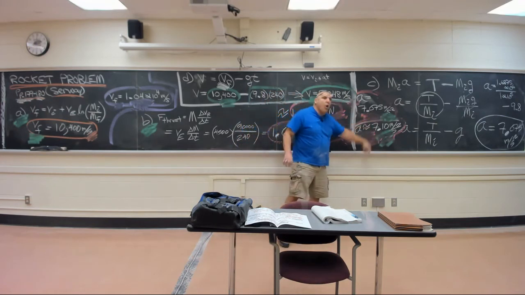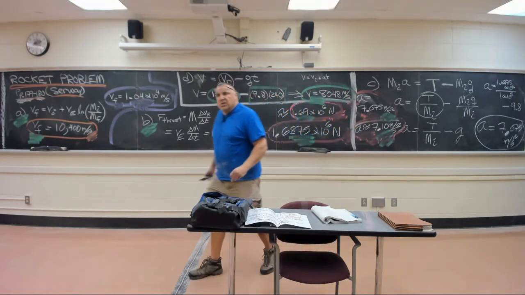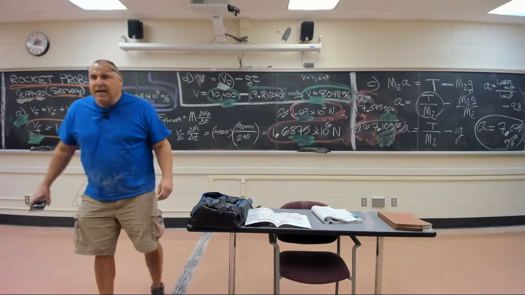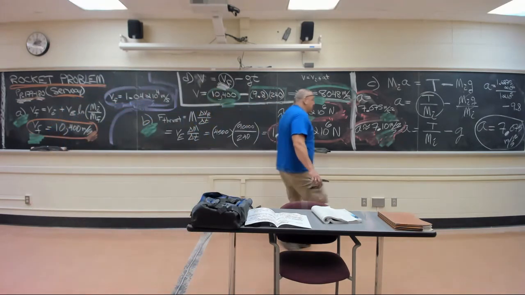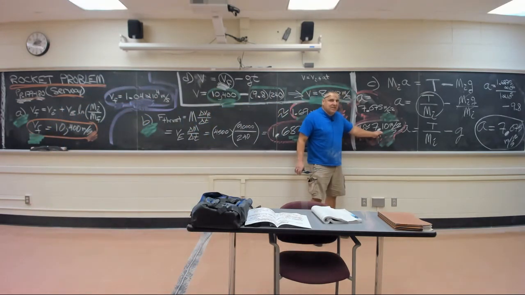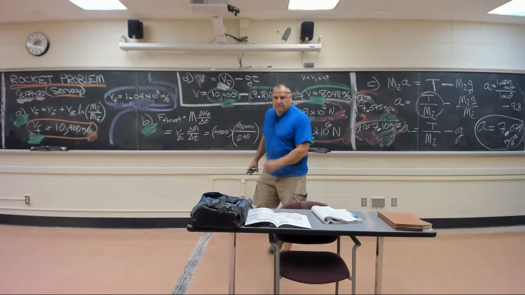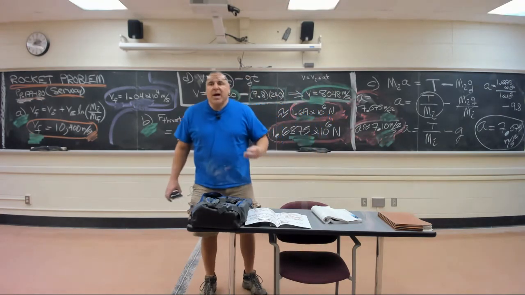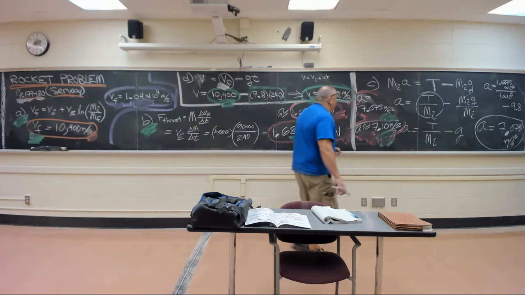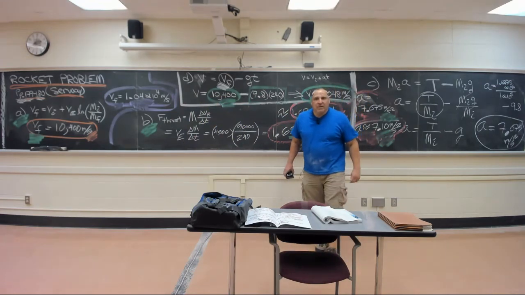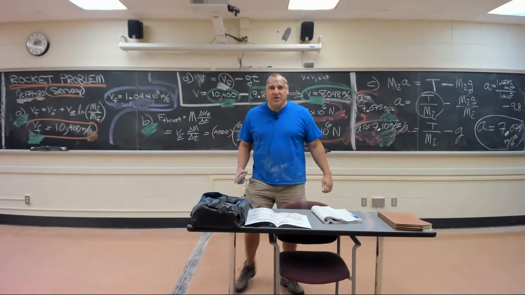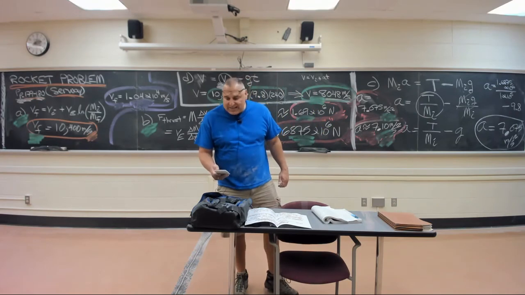It's not going to go 1,700 meters per second. That would only happen if the acceleration were constant. It's not. It constantly varies. Because it varies, we've got to find the average acceleration, and that's a calculus problem. It's the mean value theorem that'll get us there, you guys.